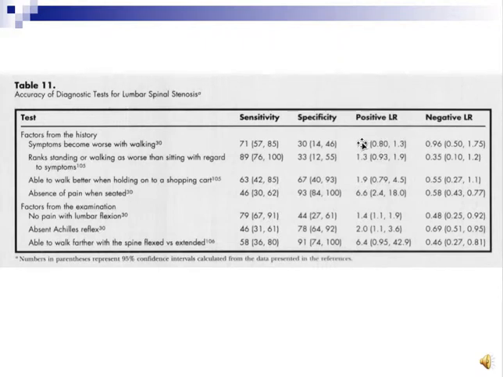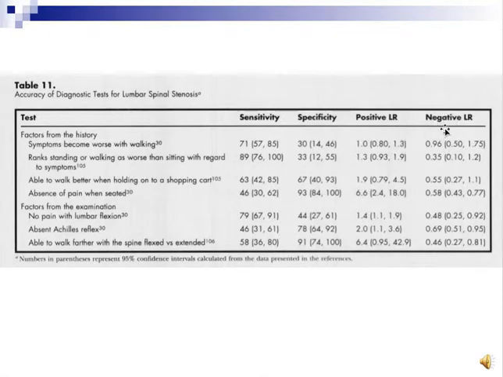So this positive is exactly 1, which means it doesn't really influence the post-test probabilities. The interval between the two values here includes 1. It could be as low as 0.8 or as high as 1.3. So that means it really has no influence on our thinking.